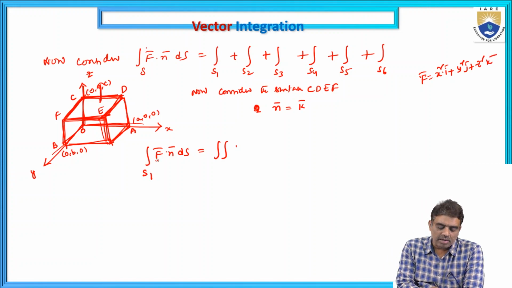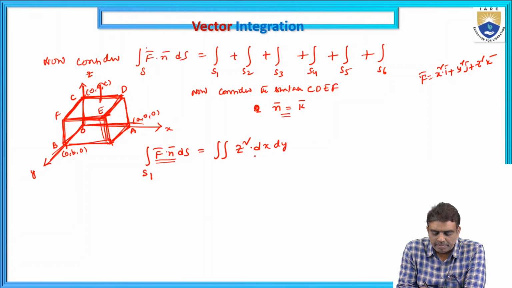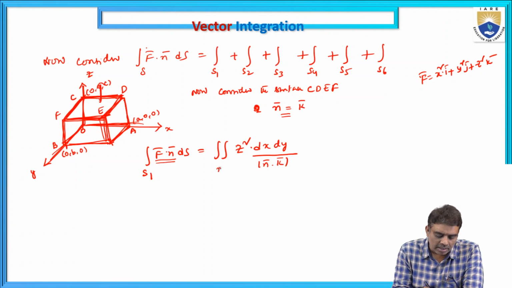Then f bar dot n bar, only the z square term will be there because n bar is equal to k bar. ds, because we are considering the projection on the xy plane, is dx into dy by magnitude of n bar dot k bar. Here the limits are x varies from 0 to a and y varies from 0 to b.